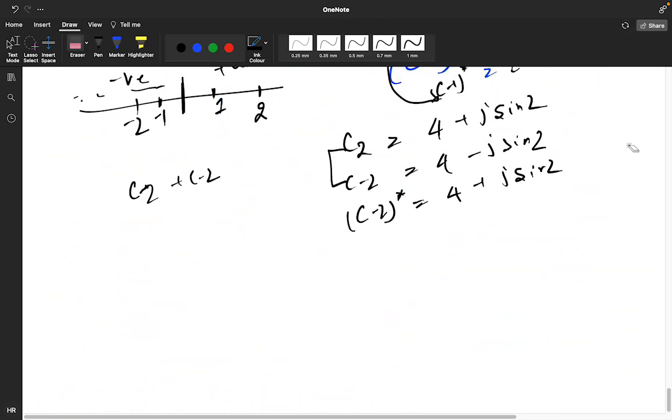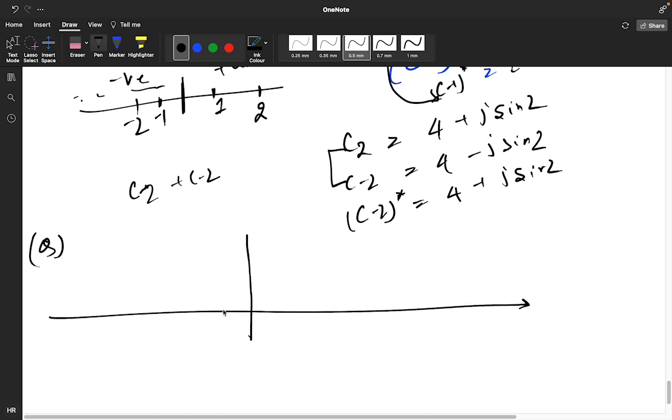Okay, now they have given you one particular question. So x of t, and your signal is like this, from minus tau by 2 to tau by 2.